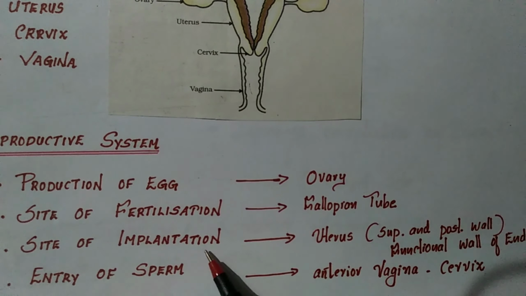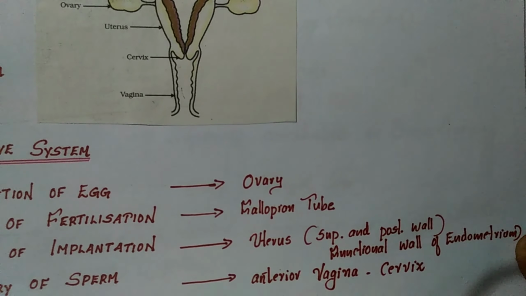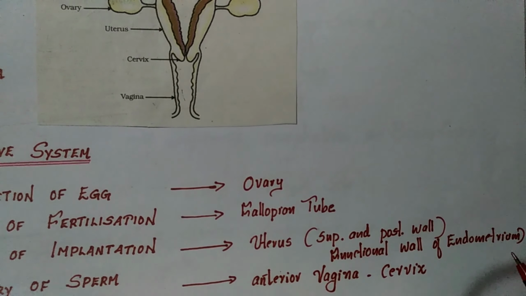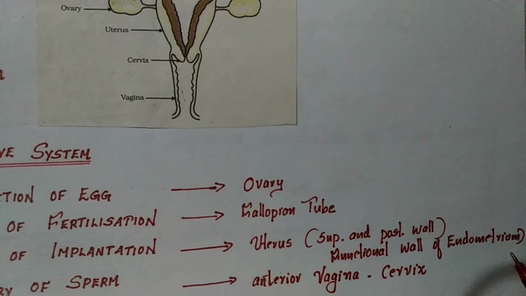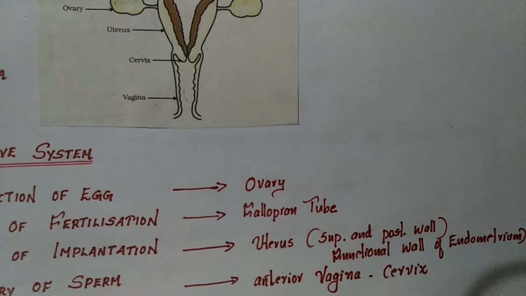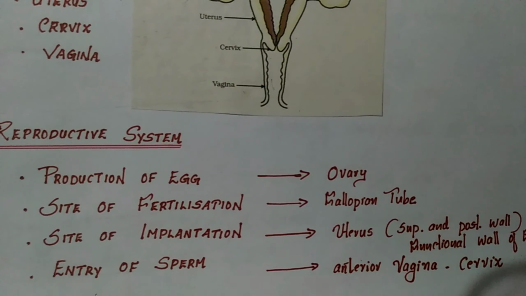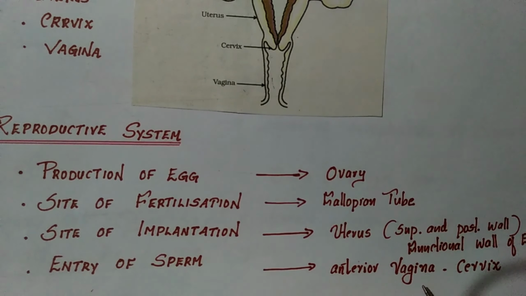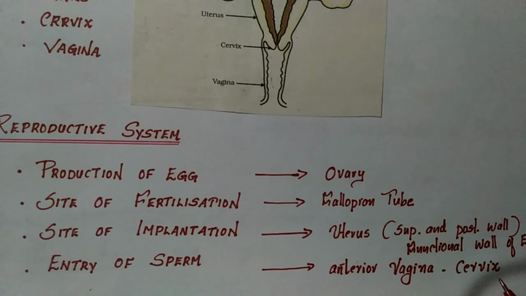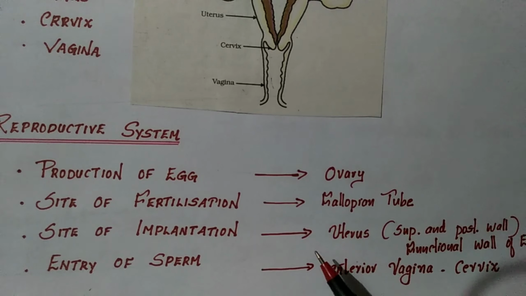The site of implantation is the uterus. The superior and posterior wall of the uterus, that is the functional wall of the uterus, is the endometrium. About the endometrium and its function you can study later. Lastly, about the entry of sperm: entry of sperm is taking place through the anterior vaginal region, also the region mainly marked as the cervix. So these are all regarding the reproductive system.